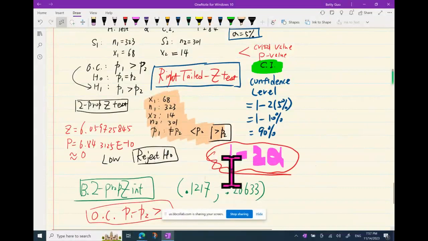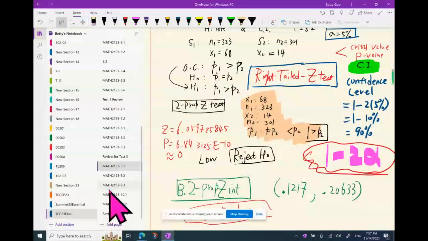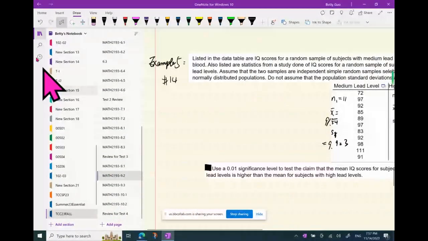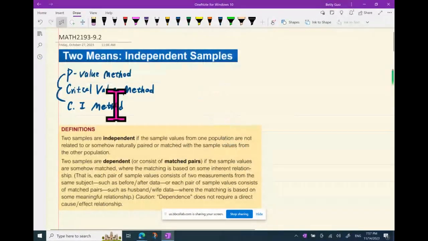Okay. All right, so that's 9.1. I think we should move on to 9.2. Section 9.1 is about two proportion tests, and section 9.2 is about the two population means. Suppose the two populations are independent.